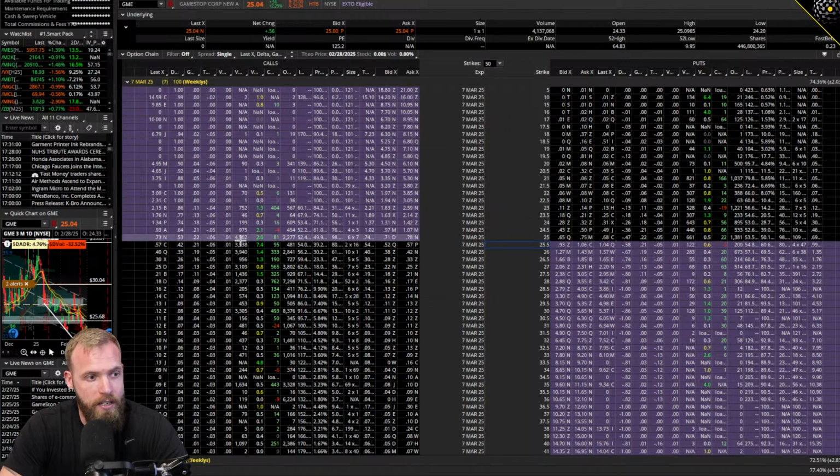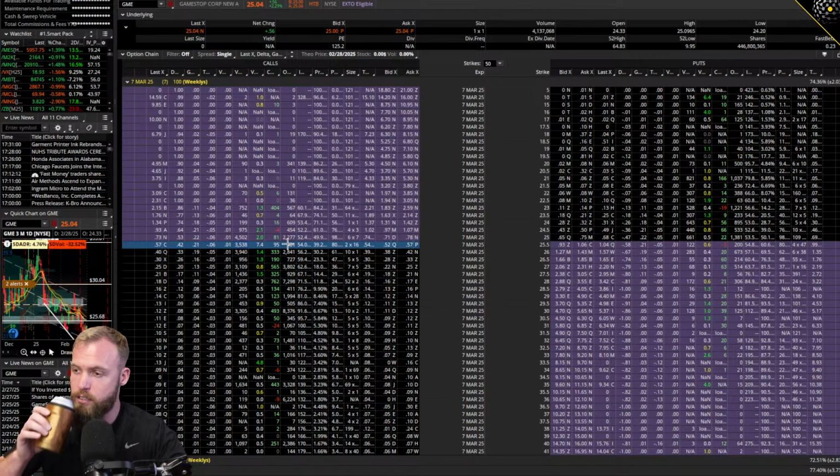So if we see volume like this, 4,500 compared to, this one, 3,500 compared to 481, we already know there's going to be new OI, new open interest, because there's more volume than the existing open interest. So it can't be closing. There would be nothing there. So there's going to be a massive amount of open interest being added to this strike.